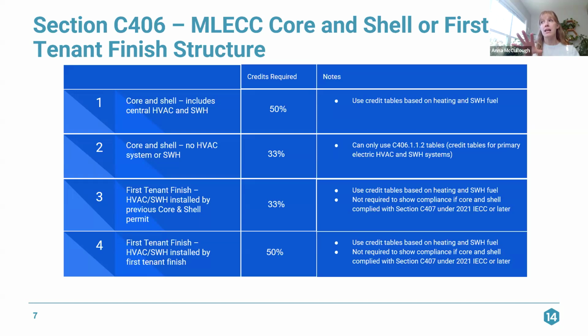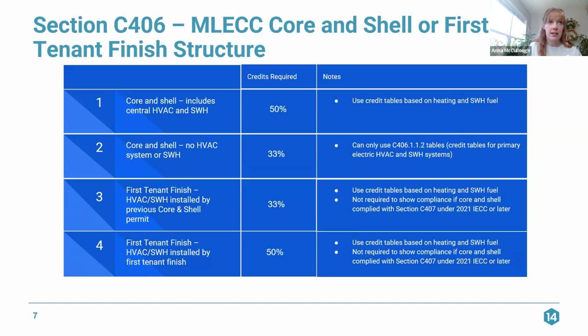You use the credit tables based on the heating and service water heating fuel type that is being designed. If you are not providing HVAC or service water heating, you only comply with 33% of the credits. And you're going to reference those credit tables with the lower point thresholds, which were the electric primary heating tables.